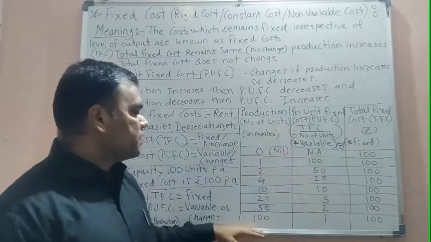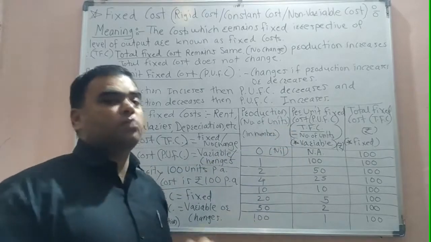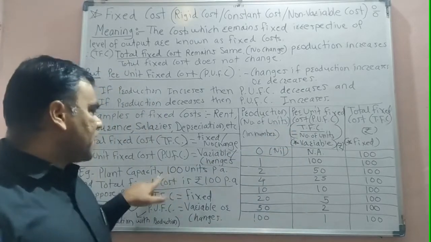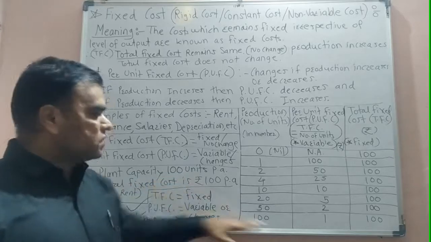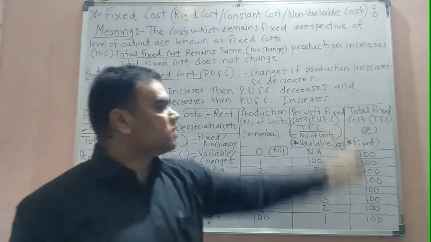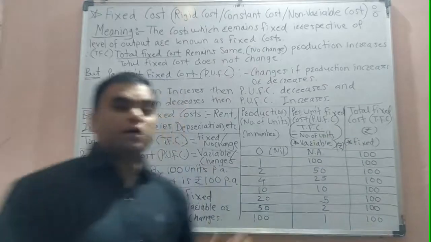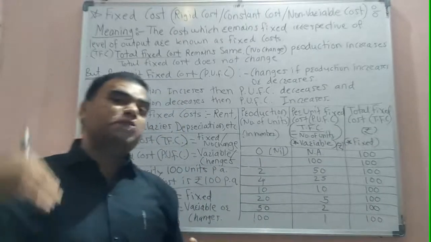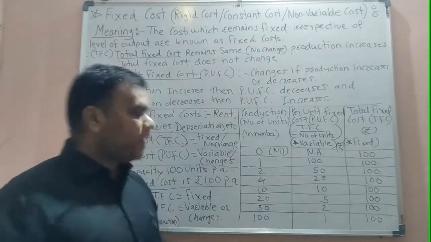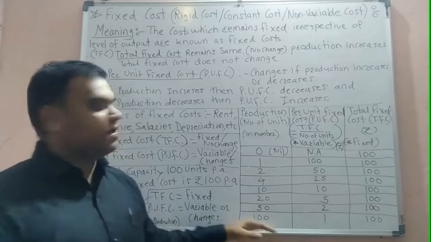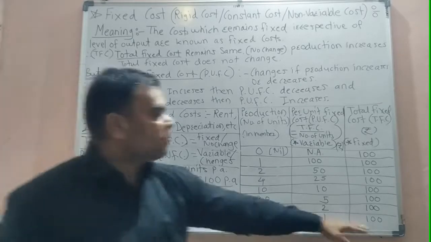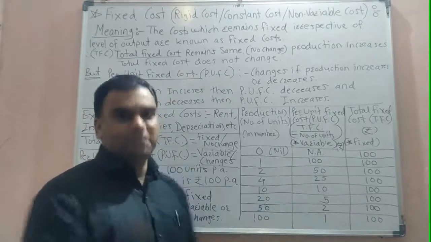But if you want to increase your production more than the capacity, say your capacity is up to 100 units, then up to 100 units your total fixed cost will be 100. But if you want to manufacture another 100, so 200 in total, then your total fixed cost 100 will get double.